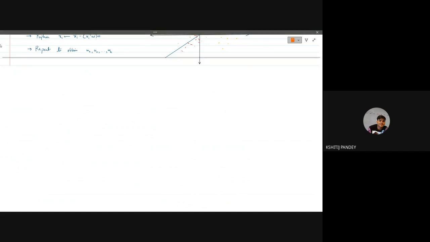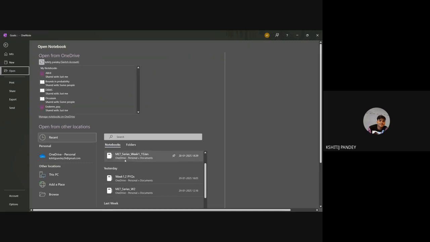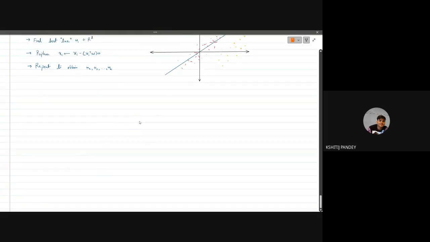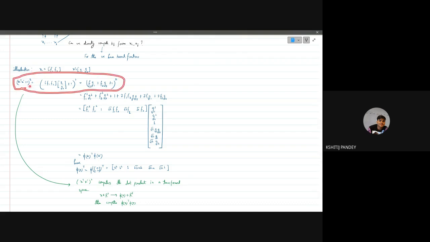This is week 1, my bad. Week 2. Just give me a second, I'll open that. Okay, just look at this. Here we are given a kernel function. Put the vectors in the kernel function, get the value.